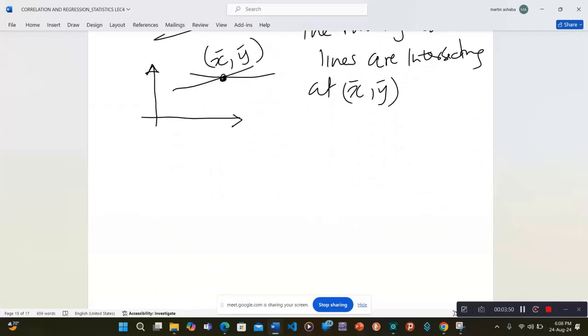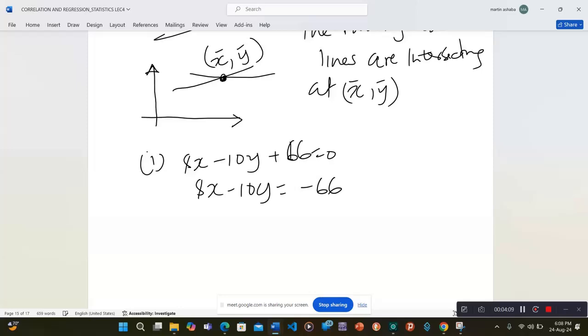So we already said we have equation 1, which is 8x minus 10y plus 66 is equal to 0. That means I can make this 8x minus 10y is equal to negative 66, and that is equation 1.